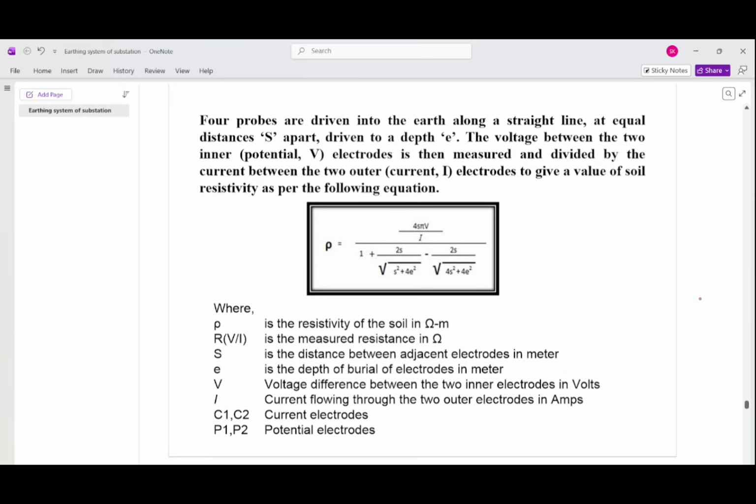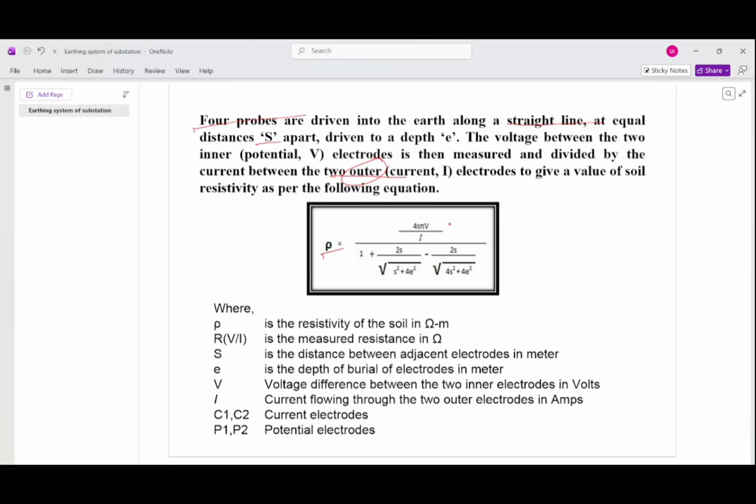So the soil resistivity formula here. 4 probes are driven into the earth along a straight line at equal distances S apart, driven to the depth E. The voltage between the two inner electrodes is then measured and divided by the current between the two outer current electrodes to give the value of the soil resistivity as per the following equation.